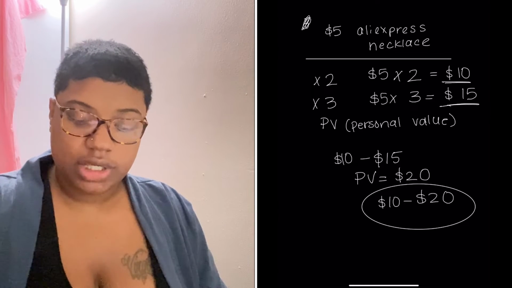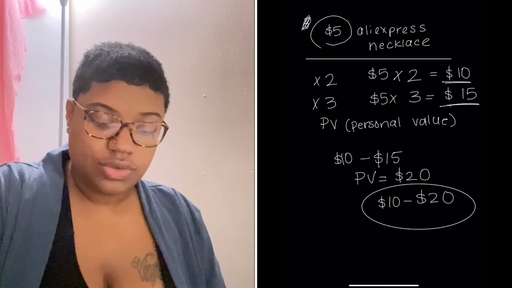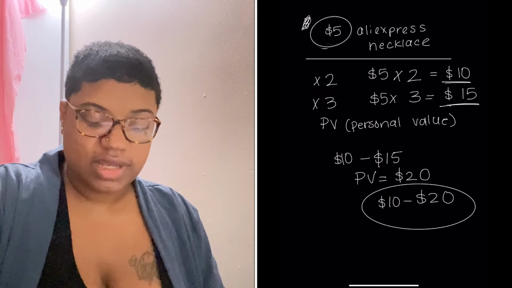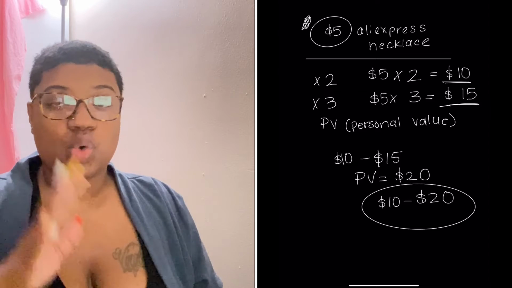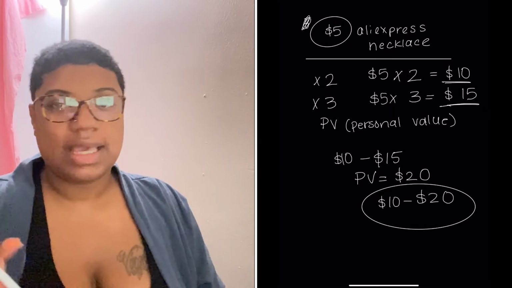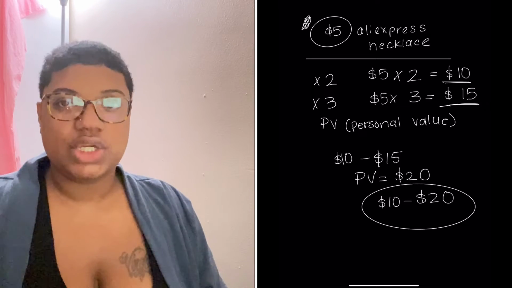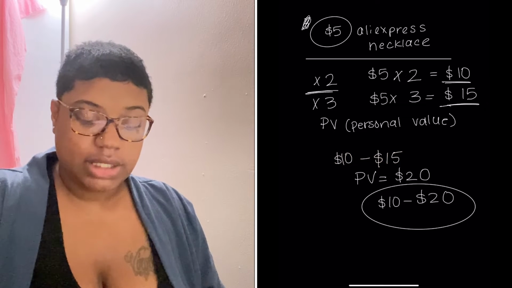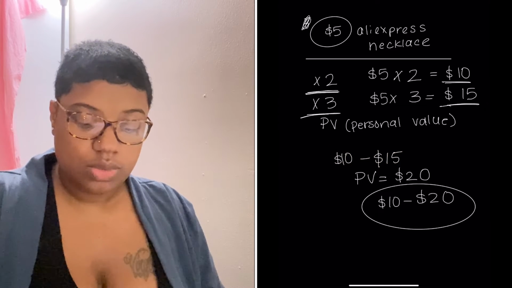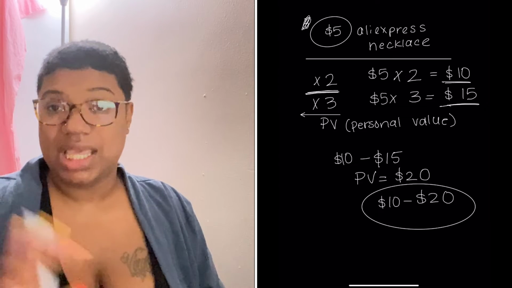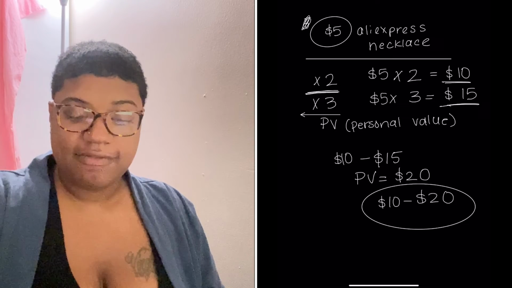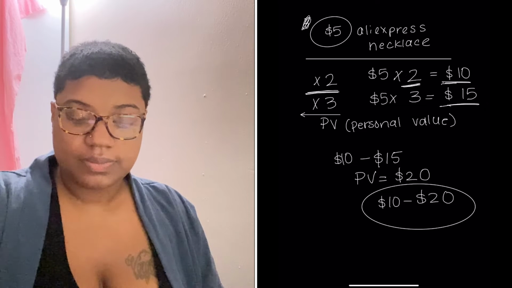So we started with the value of our necklace, which is $5. I use double or triple. As simple as that. We don't do percentages and all the extra stuff. Mark it up by 2, which is double, or by 3, which is triple. That gets you a decent profit either way. If I mark it up by 2, I get $10.